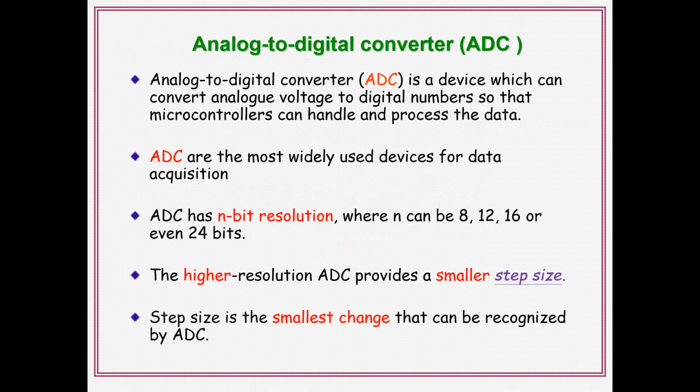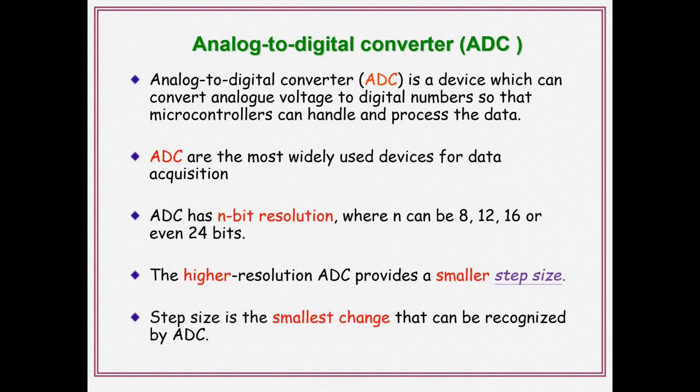An analog to digital converter is a device which can convert analog voltage to digital numbers so that microcontrollers can handle and process the data. ADCs are the most widely used devices for data acquisition systems.